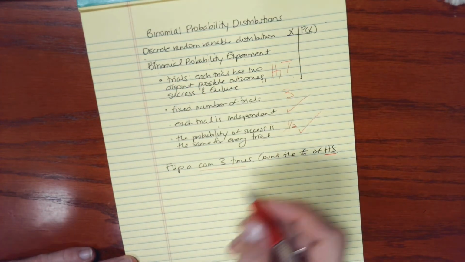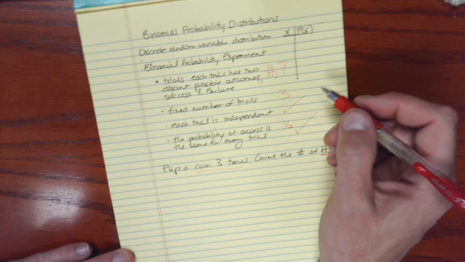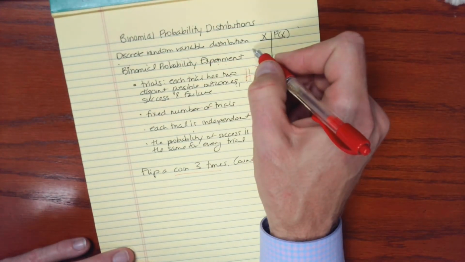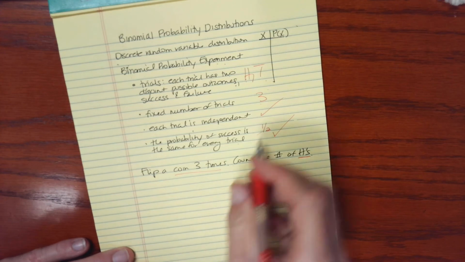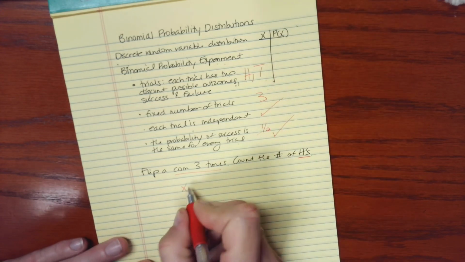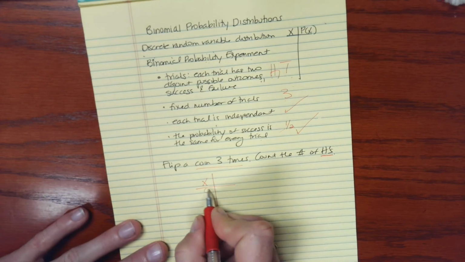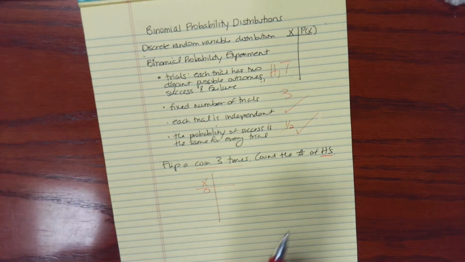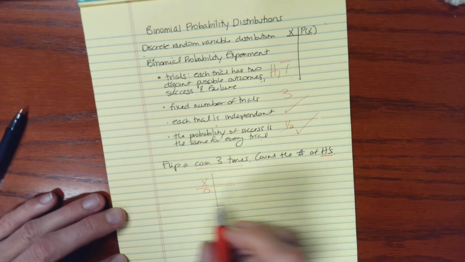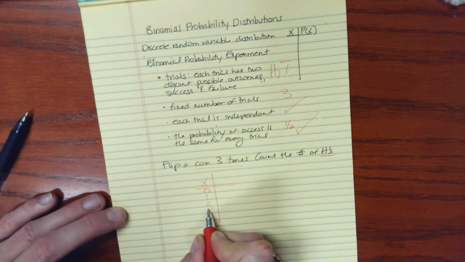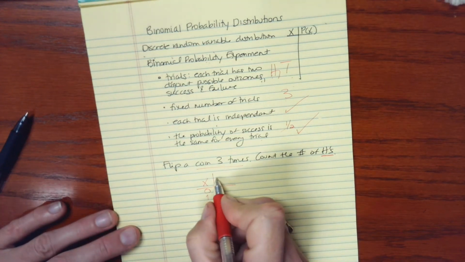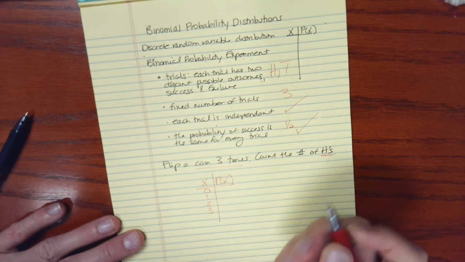And in this case, I think we can actually construct the probability distribution in a table. So the possibilities, if I'm counting the number of heads in 3 coin tosses, I could have 0, which would mean that you had all tails, 1, 2, or 3. And now I want to assign a probability to each of these.